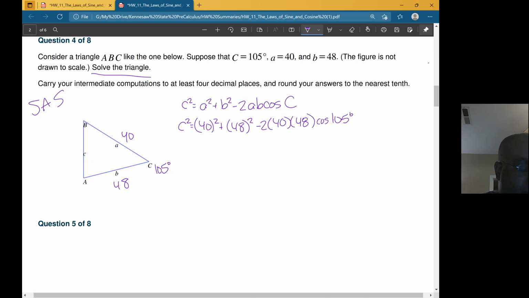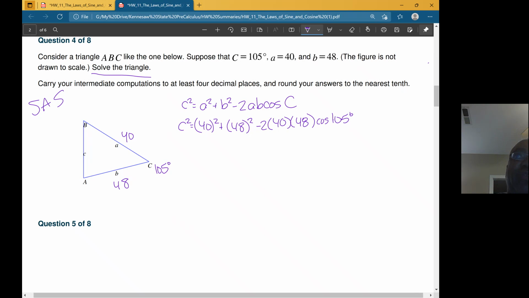Okay, so straight in the calculator, 40 squared plus 48 squared minus 2, 40, 48 cosine of 105. If I put that in, I get 4,897, but that is not the answer because we have to take the square root of this.